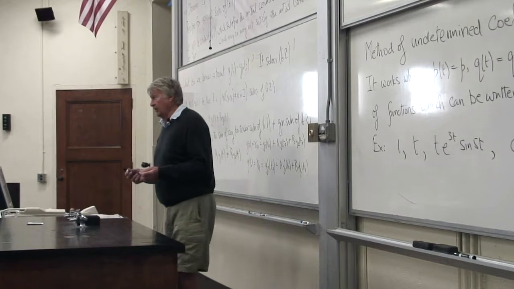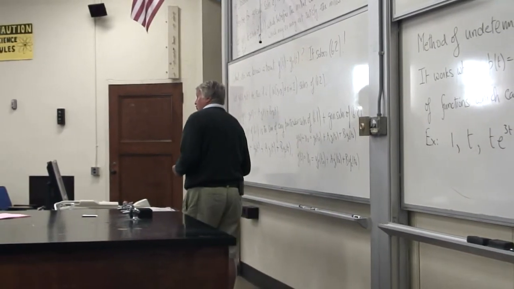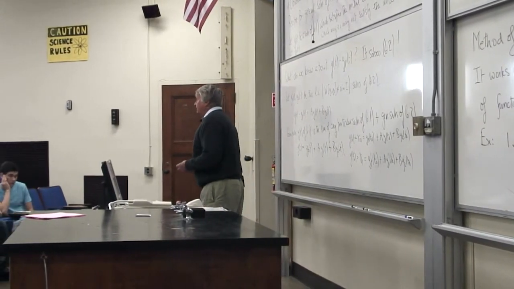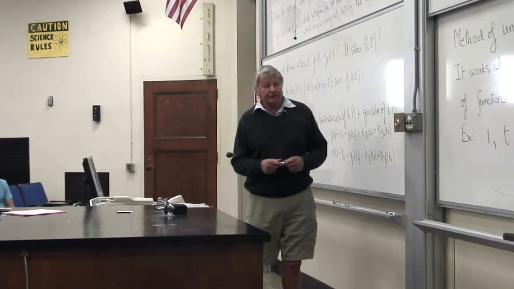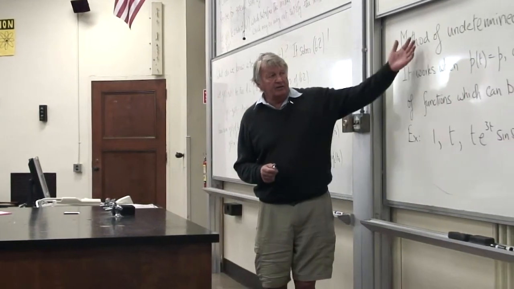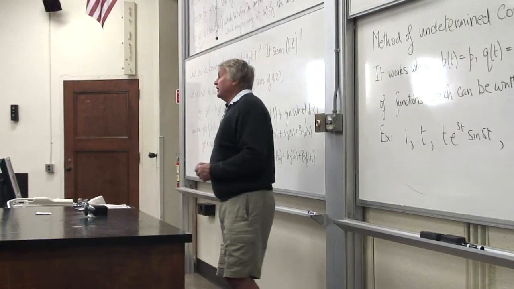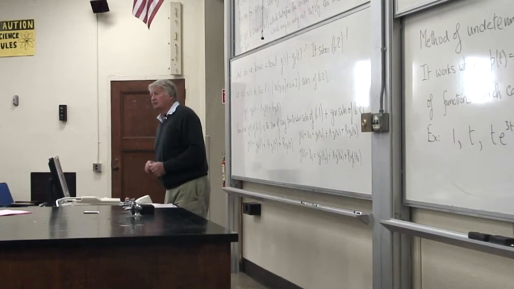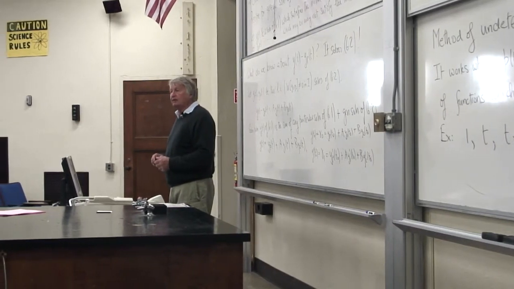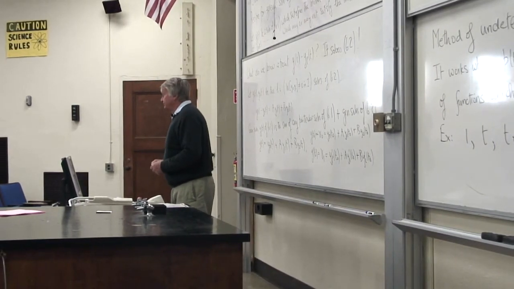Now, a couple of comments before I actually show you the method and indicate why it works. The first comment is, I'm going to teach you in about a week and a half a very general method called the variation of constants.